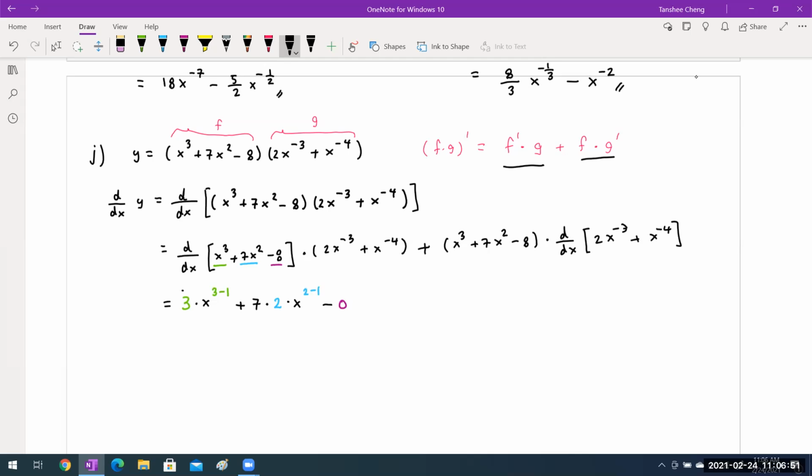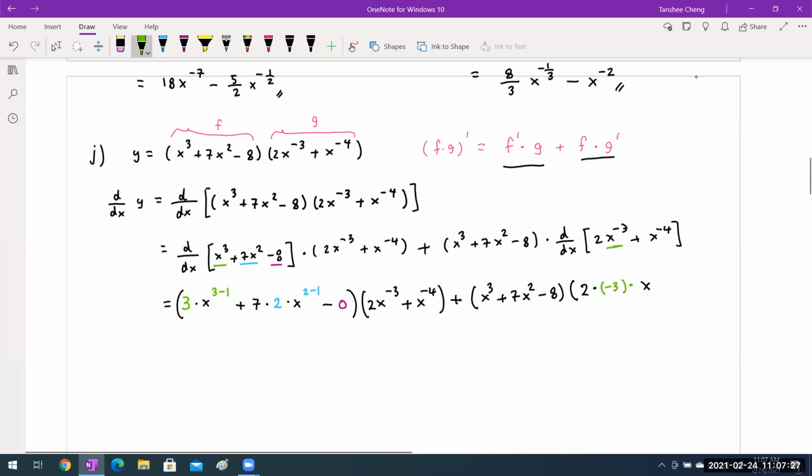And that is the derivative of the first factor times the second factor, which is 2x to the negative 3 plus x to the negative 4. Plus, now continuing this, x to the third plus 7x to the second minus 8. And we're going to take the derivative of the second factor, which is 2 times, right? And bring down this power function part, which is negative 3 times x to the negative 3 minus 1, right?